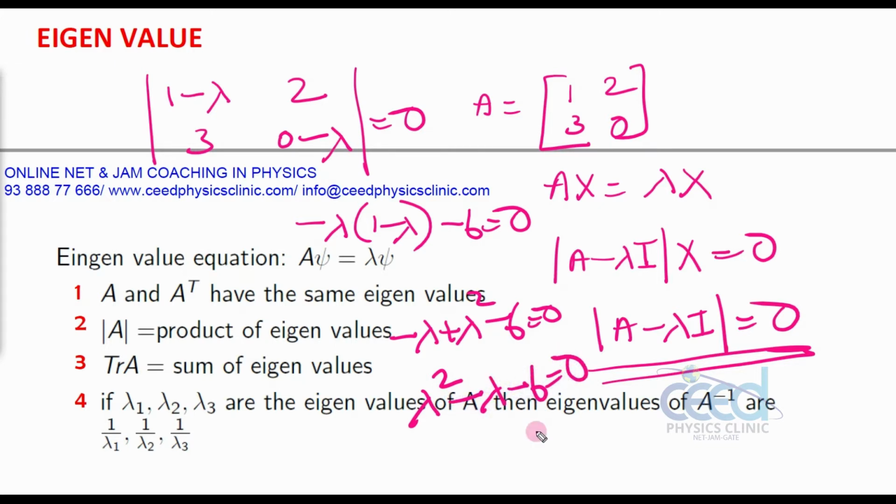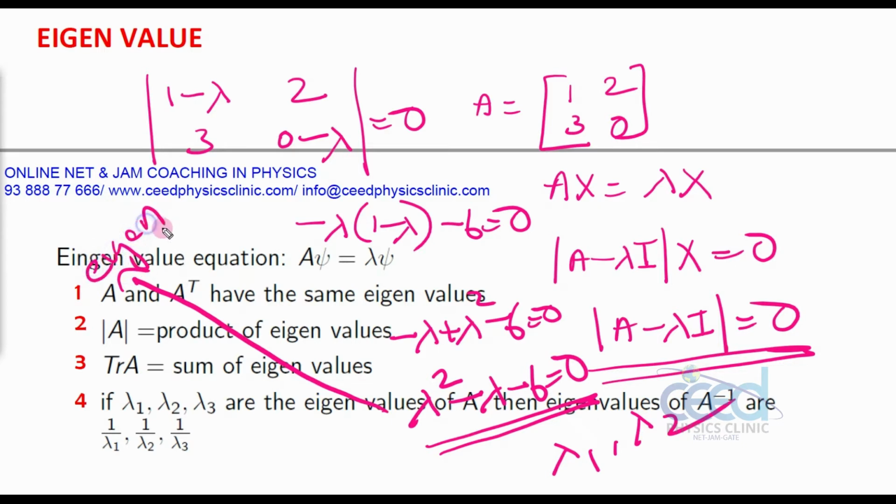Now when you solve this, you will get two values for lambda, say lambda 1 and lambda 2. This equation we call the eigenvalue equation, and the particular lambda values we call the eigenvalues.